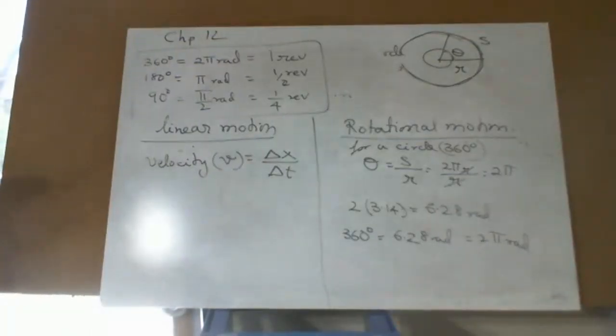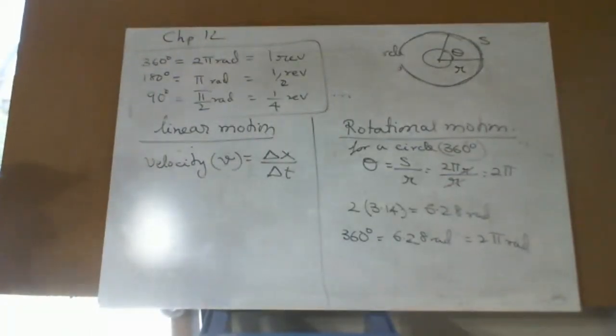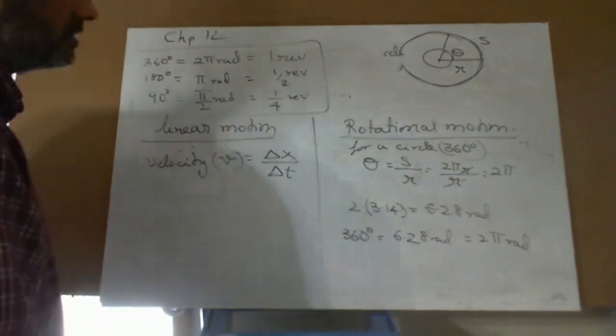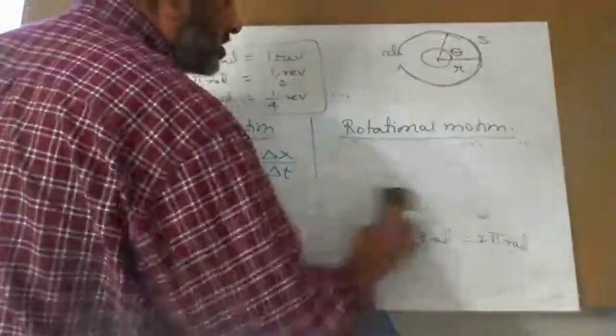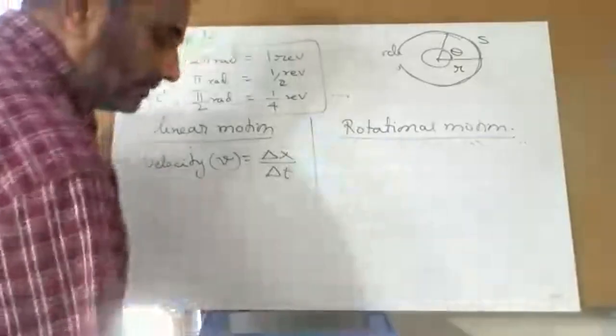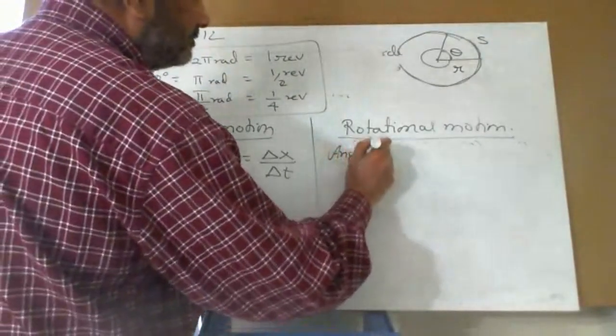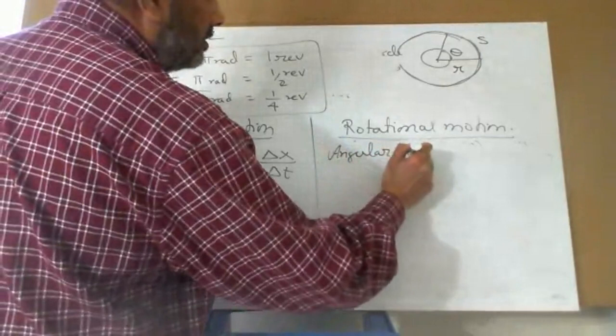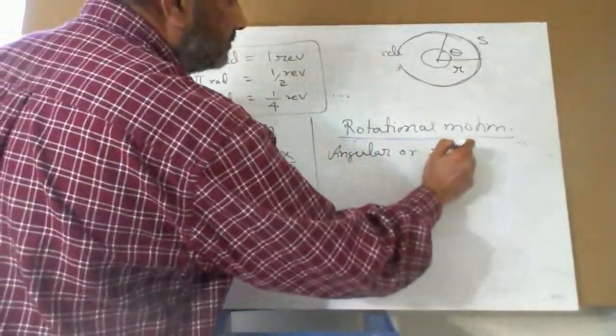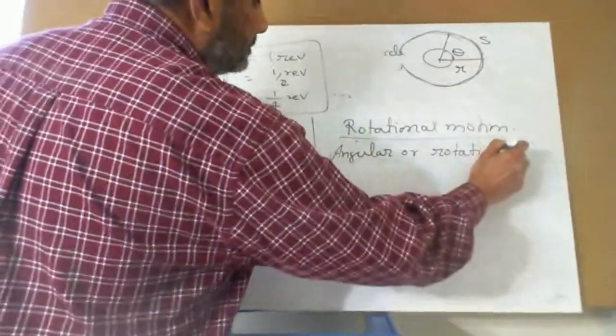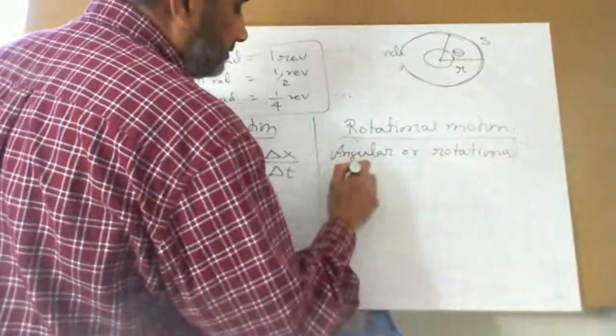For rotational motion, we have something similar. We call it angular or rotational velocity.